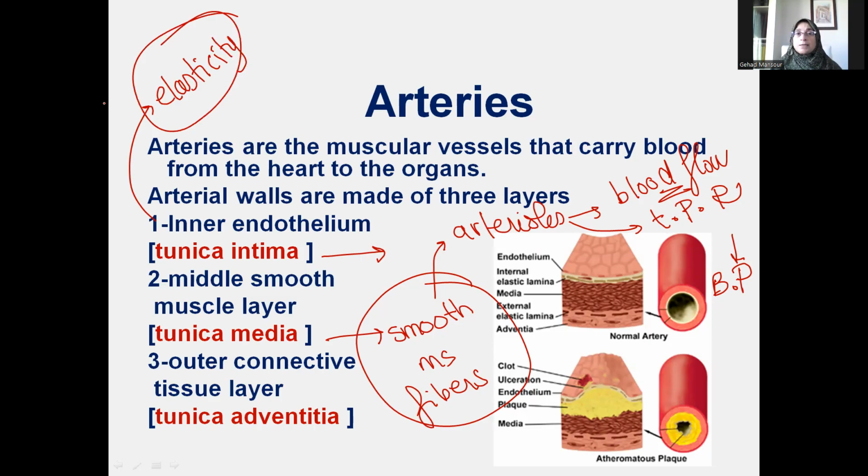They also have elastic fibers, and they confer elasticity to the arteries and arterioles. And elasticity is important both during systole to accommodate blood and during diastole for recoil.